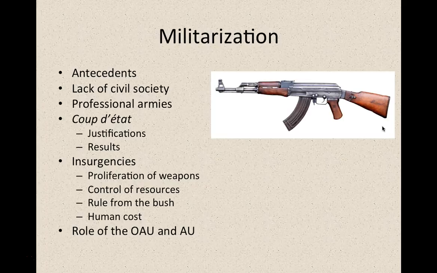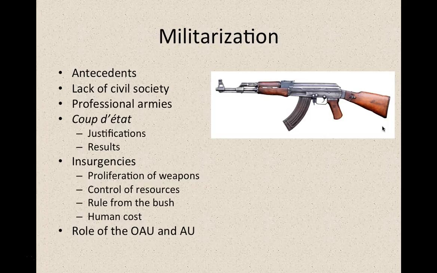And the AU, or the African Union as it's called, which was formed, I think, in the late 80s, early 1990s, I'm not sure the exact year, has served an even more direct peacekeeping role at times, sometimes working together with the United Nations, or acting under the auspices of the United Nations, or with the support of the United Nations.